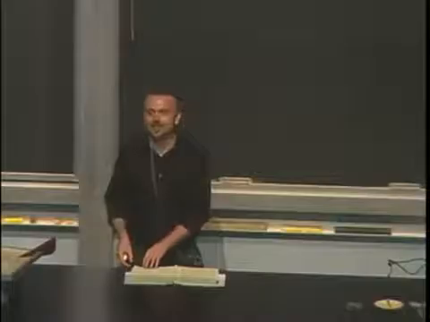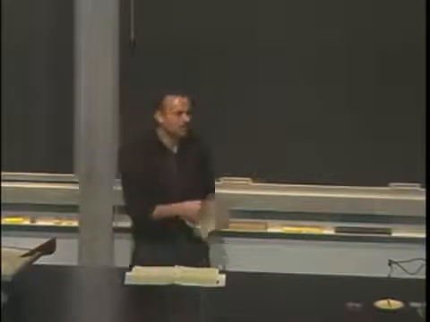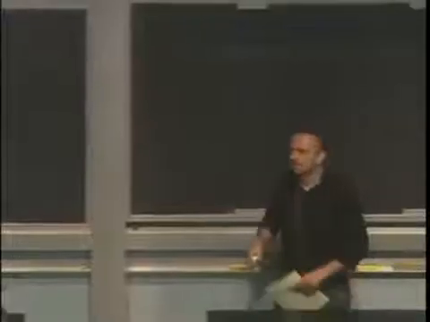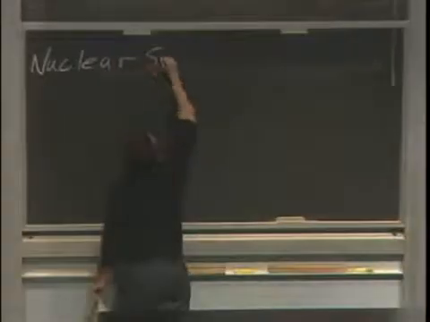Okay, so today we are starting on nuclear energy, and we're going to start with nuclear structure. We already talked about this a little bit in an earlier lecture, but let's review and then move forward from where we were.